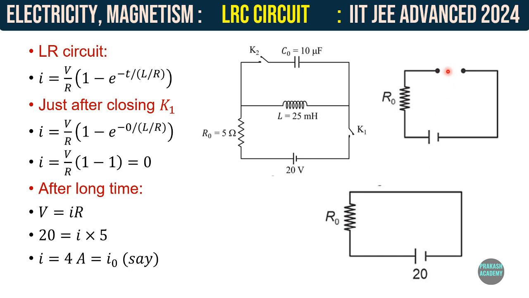Initially it was opposing with a magnitude of 20 volt, and that is why it acted as an open wire. So now we know the current just after closing K1, and after a long time what is the current in R0.